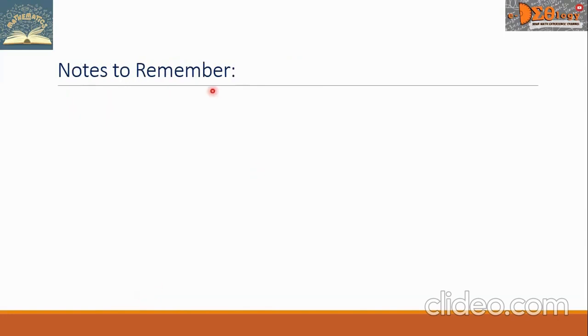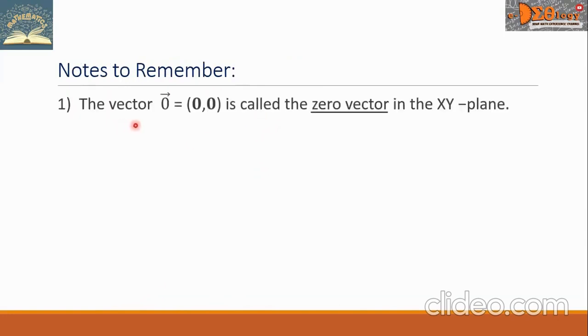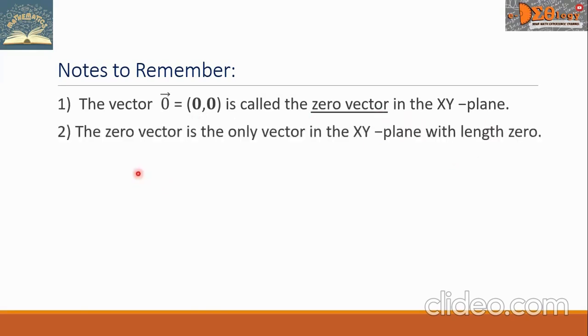There are some notes to remember here. Number 1, the vector 0 with coordinates 0, 0 is called the 0 vector in the xy plane. The 0 vector is the only vector in the xy plane with length 0.